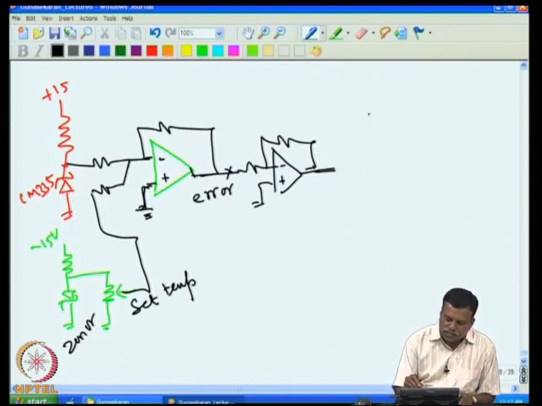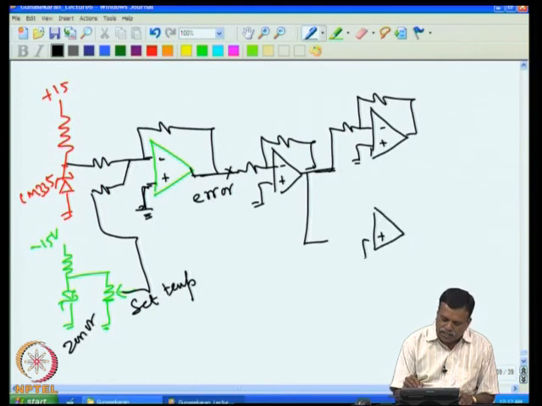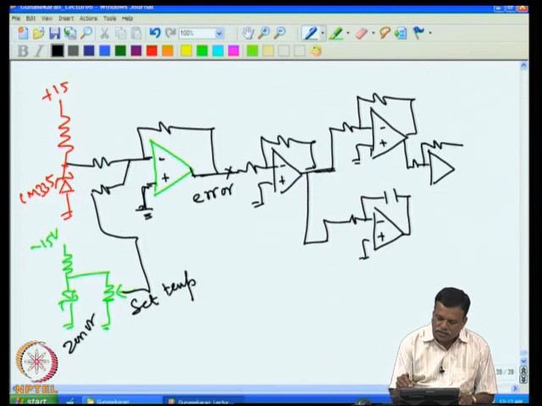What we do is we give this to a proportional stage. Then we also give it to the so-called integrator stage. So here we just connect the integrator. Now we sum these two voltages, and this I can add to this.